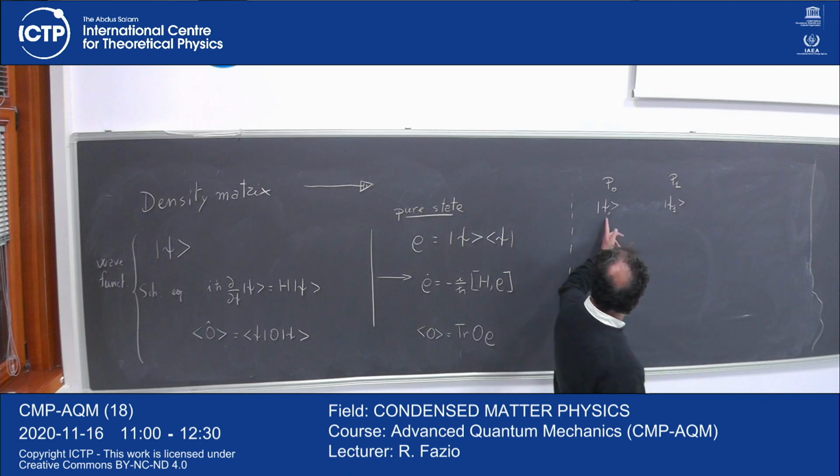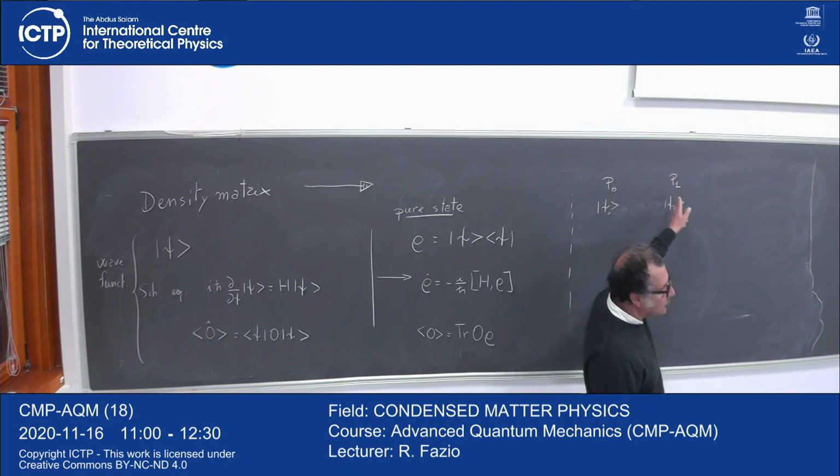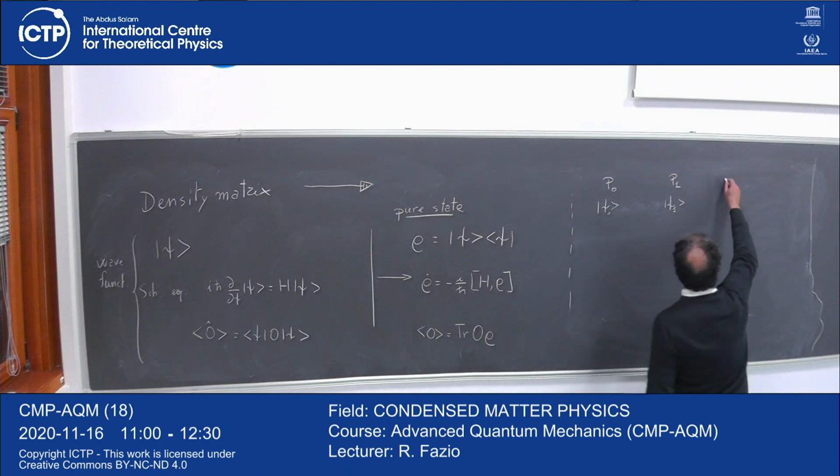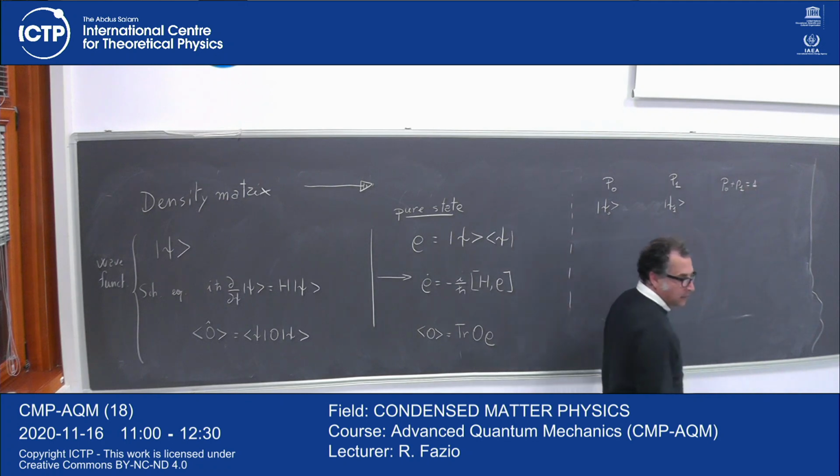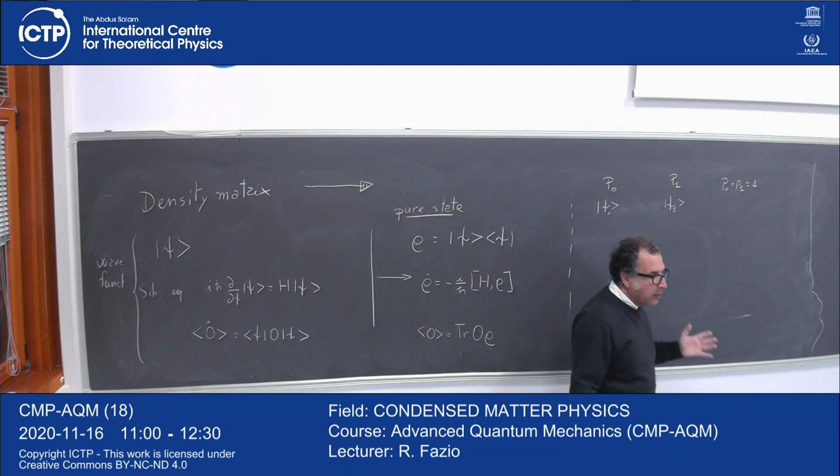Now, suppose that P0 is 1 and P1 is 0, of course. Now, what is the probability that the system is in the state X?